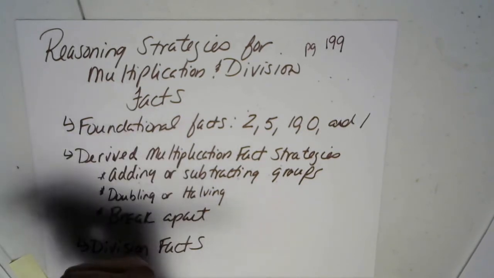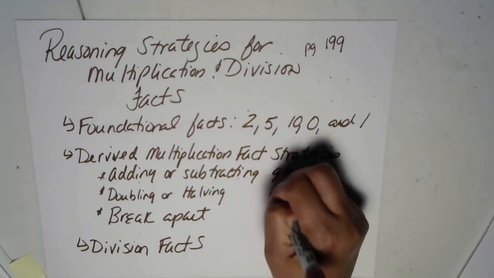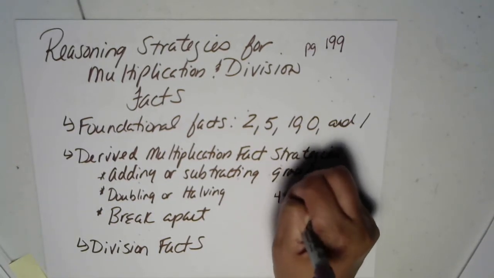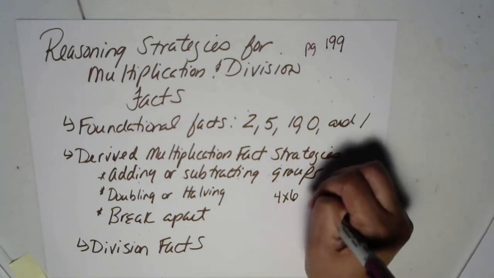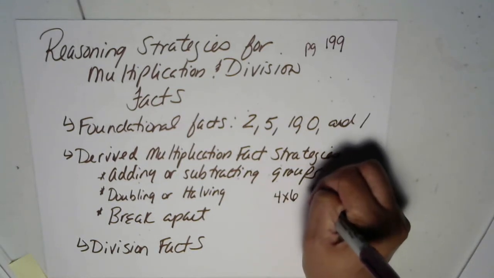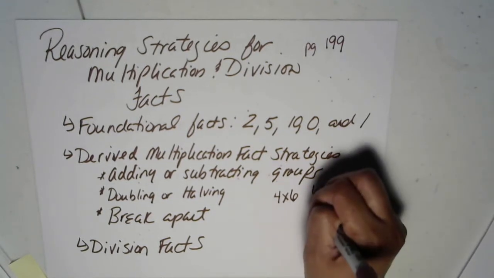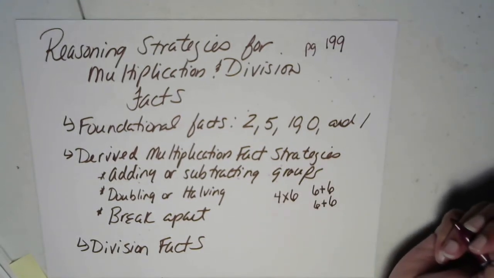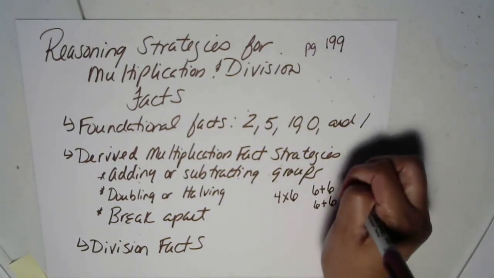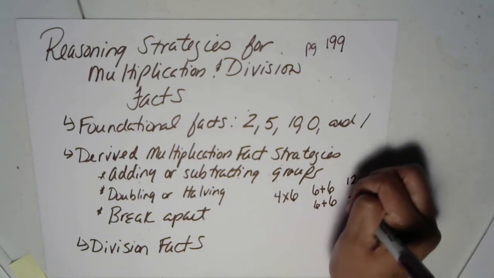Double and double again. So the fact is 4 times 6. Double and double again is doubling 6 plus 6, and then 6 plus 6 again. Double 6 is 12. Double again is 24.